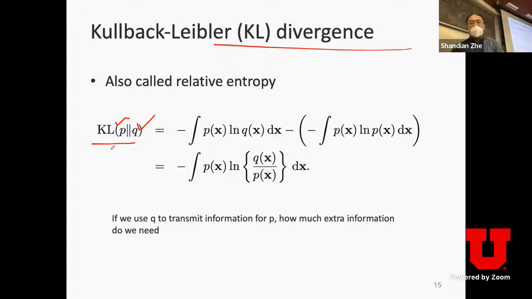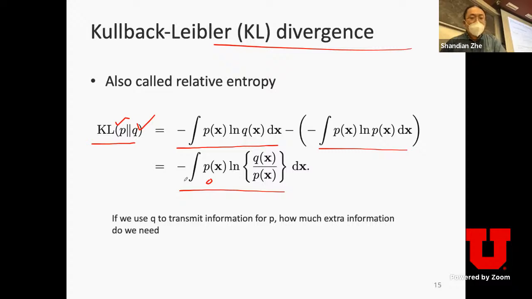So it's defined as this guy subtracted by this guy. I would use this one: it's the integral of P of x times the logarithm of Q over P of x, with a minus sign in front of it.